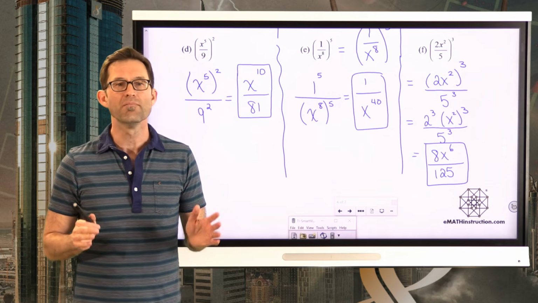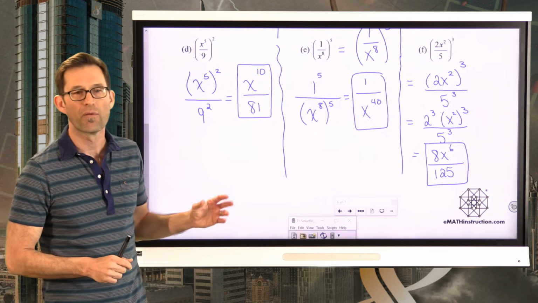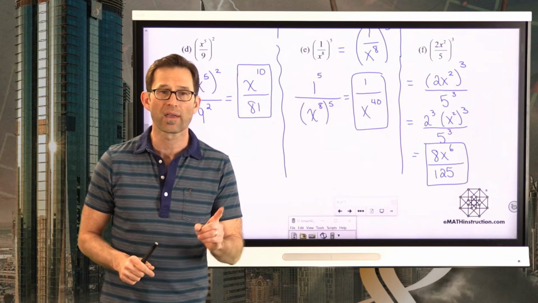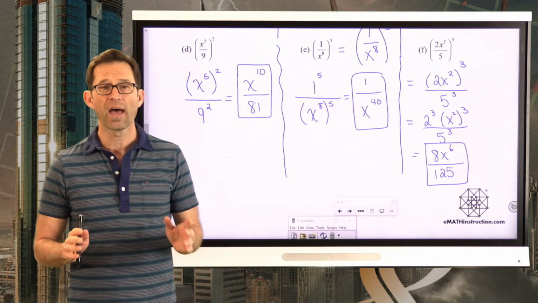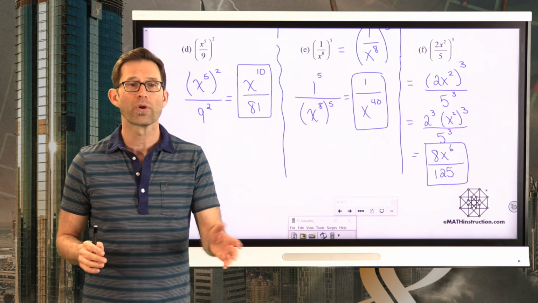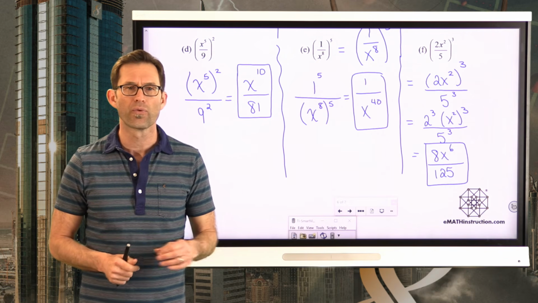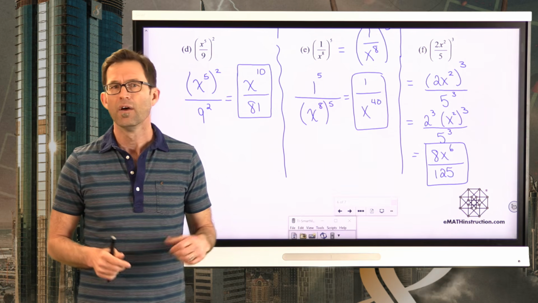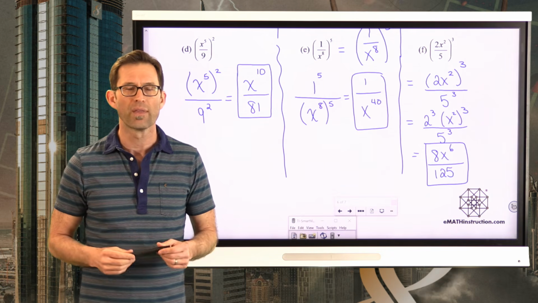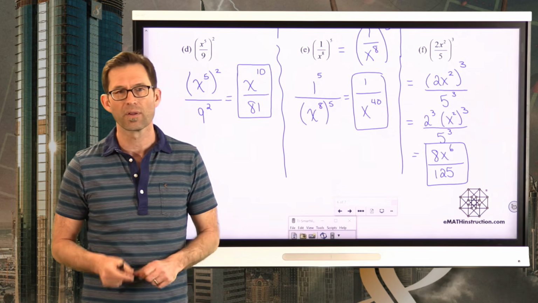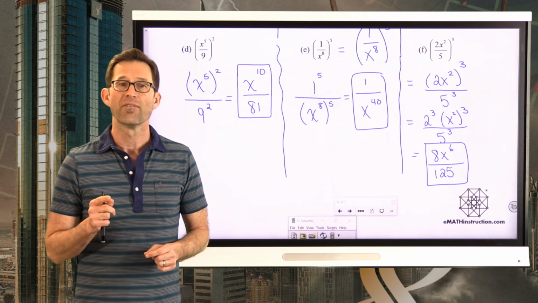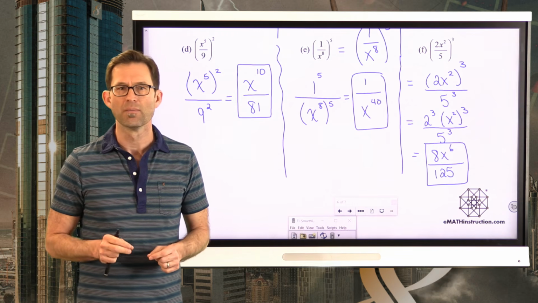Try to do as many of the exponents that involve normal numbers as you can without a calculator. It's important because as you move on in math, more and more you're going to be expected to just know, oh, 2 to the fifth is 32, 3 to the third is 27, 4 to the third is 64, right? They're not going to want you to be grabbing that calculator to try to figure it out. And in fact, it's important that you know some of those basics.